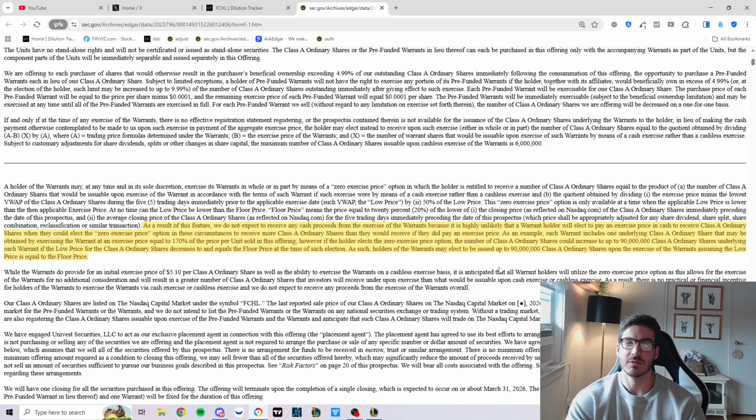They literally tell you that we're doing cashless warrants. So, as such, holders of warrants may elect to receive up to 90 million Class A shares upon exercise, yada yada yada, right?